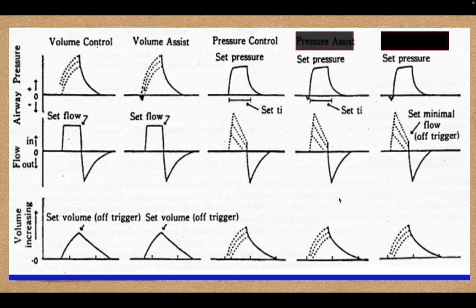So this is an assist control pressure control mode. And the last one, where you could see that there is a negative deflection, a decelerating flow, and a variable tidal volume, is nothing but a pressure support mode. So this is how you can identify which mode you are dealing with by looking at the scalars.